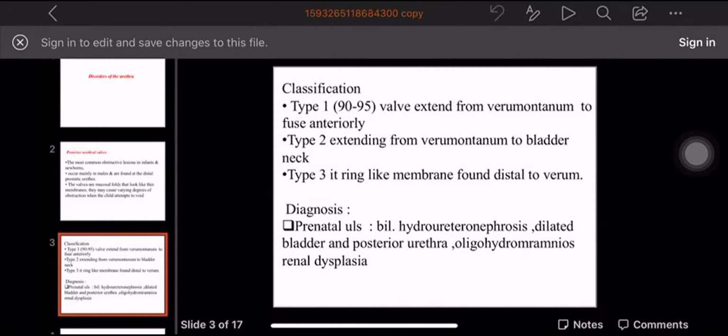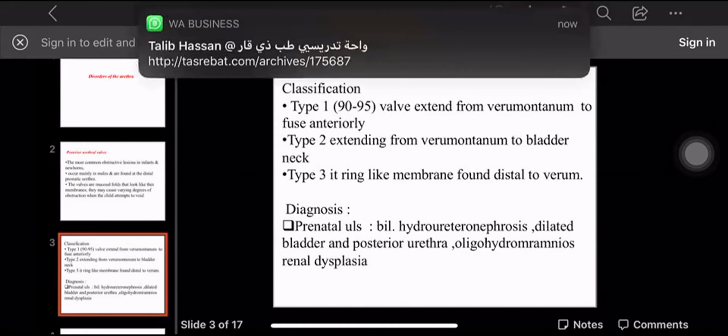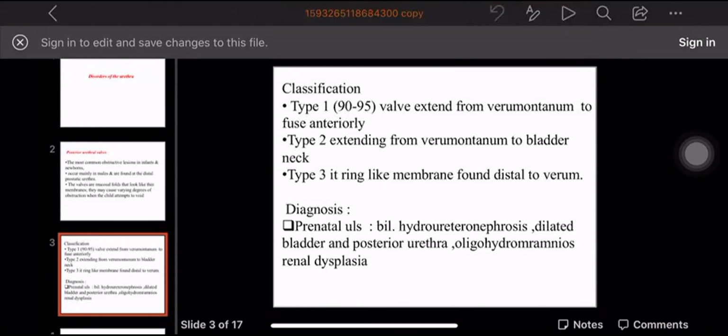Diagnosis. We always give you this case, especially for the oral exam, we ask about it. A patient with a history that his mother went for regular antenatal care, and during that the radiologist or the doctor following this case said that there is oligohydramnios in the mother.